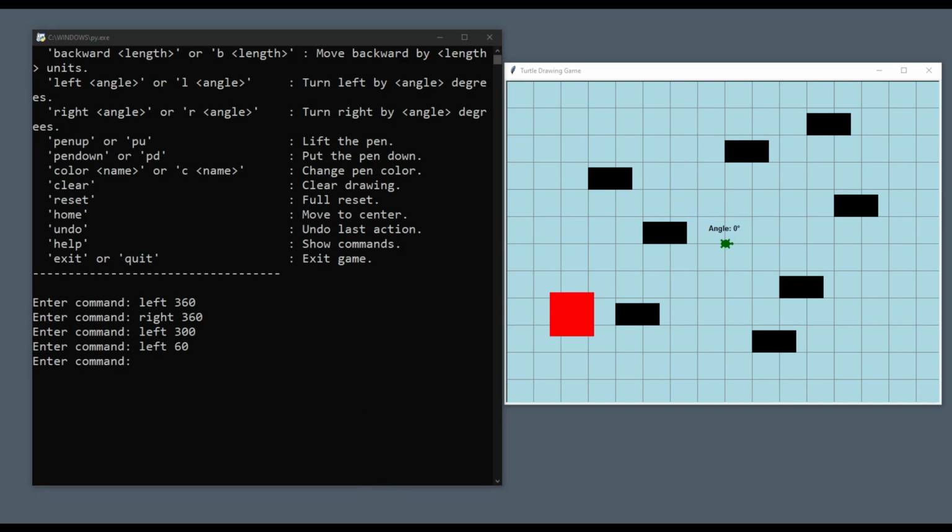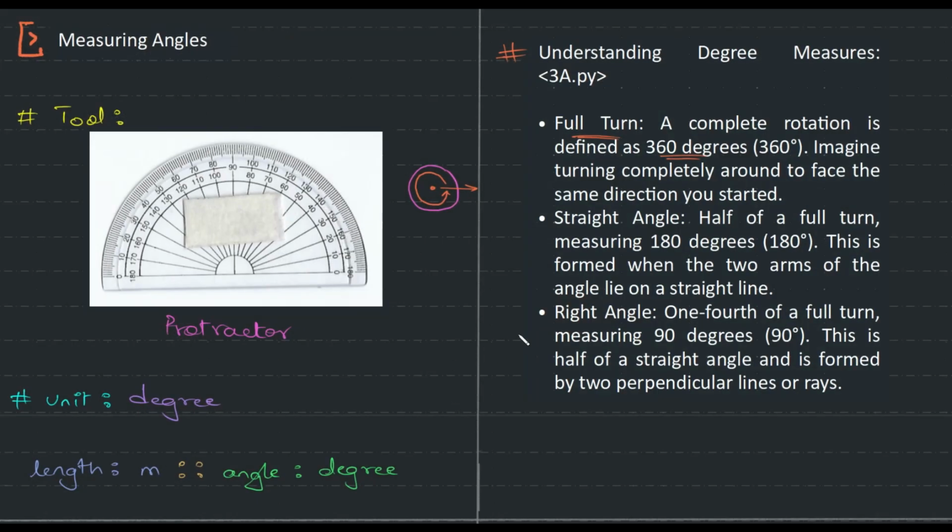Now, what would be the next thing? Straight angle. That is half turn, 180 degrees. So if this was a full turn, half turn would be half the way. Simple as that. You're pointing towards the right. If you turn half the way, you'll be pointing towards the left.